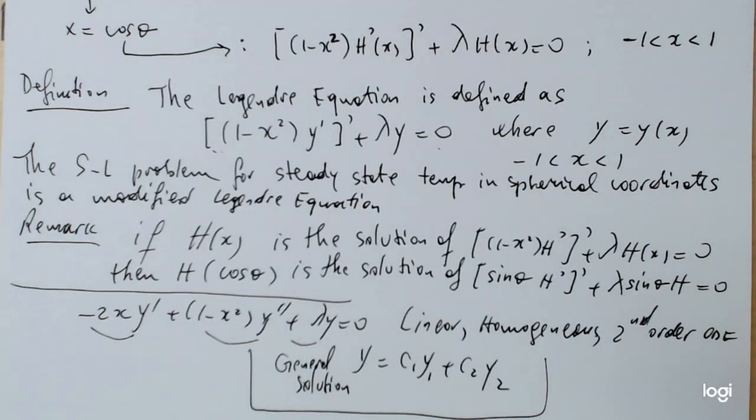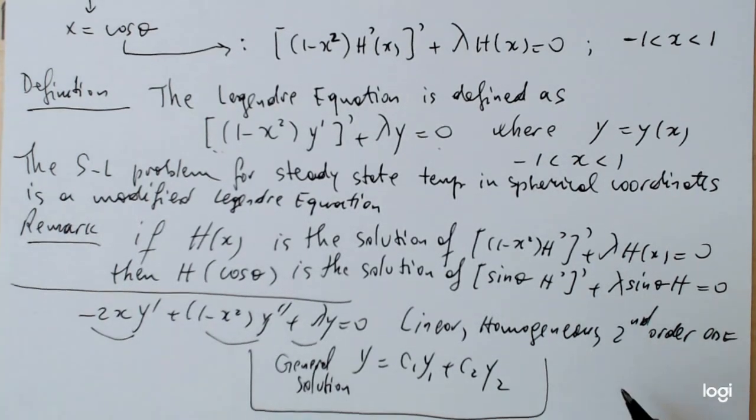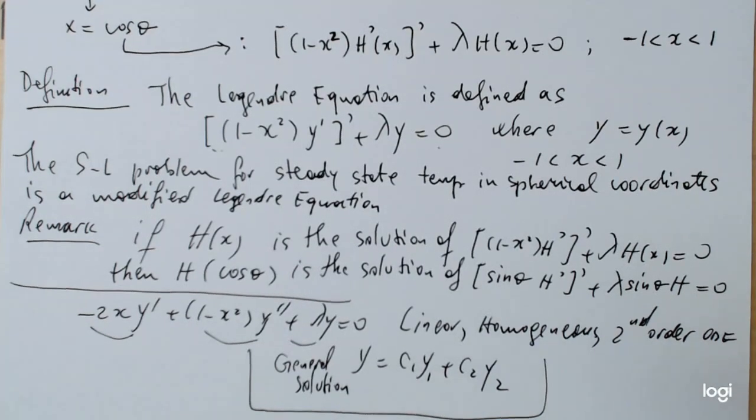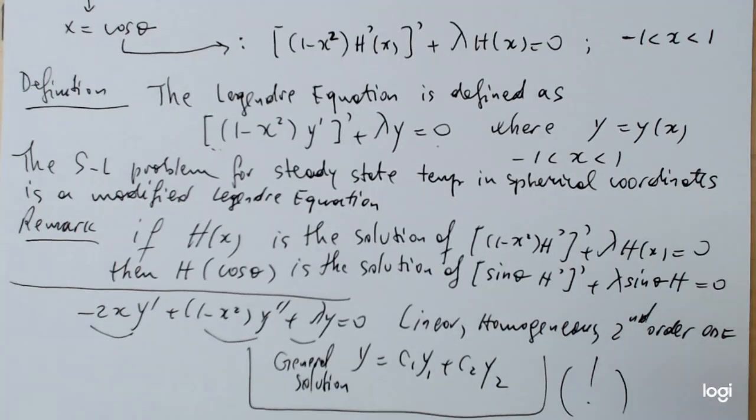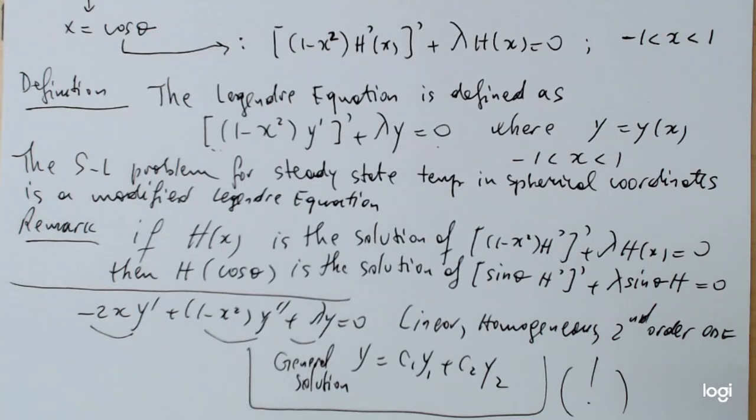So if you look at the general solution of this second order ODE, you're still looking for two independent solutions. So have that in mind as we move along on the last part to explain how the solution is obtained. Unlike the Bessel functions, actually it's a little bit easier to see how these series solutions are obtained when you try to solve the Legendre equation. So that's it for this part, and we're going to continue with the next one in a minute.